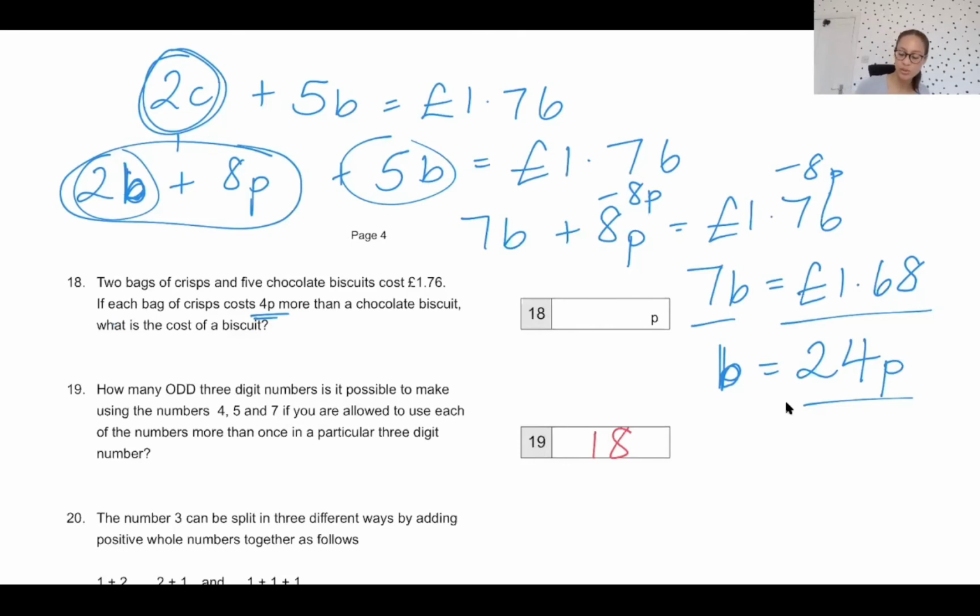Does each bag of crisps cost 4p more than a chocolate biscuit? Is it 28p? 28p, yeah. Okay. The cost of a biscuit was 24p.